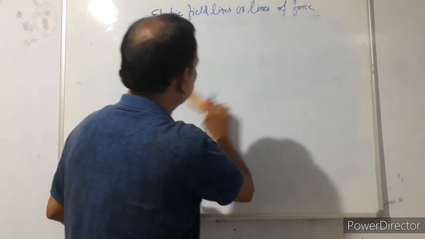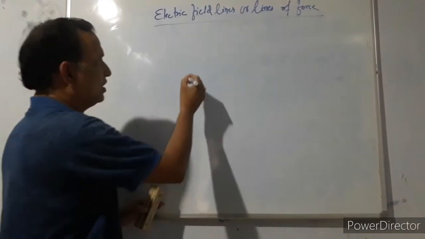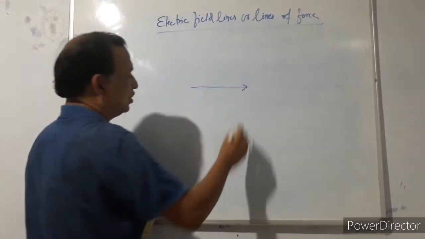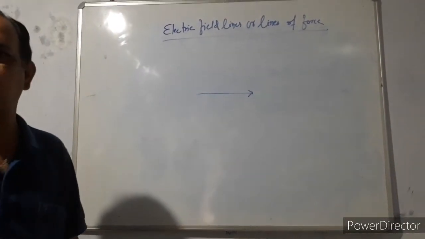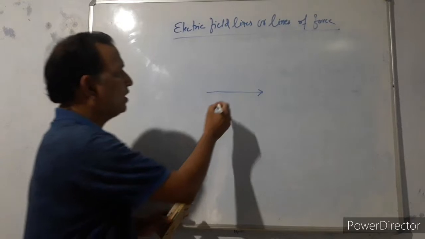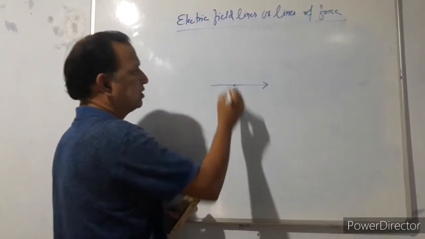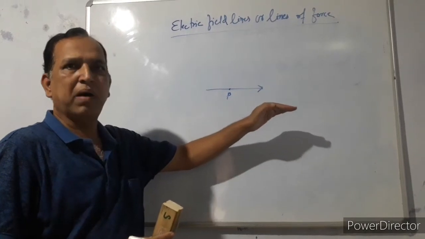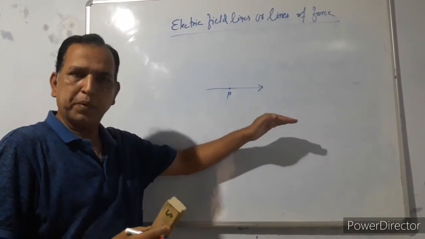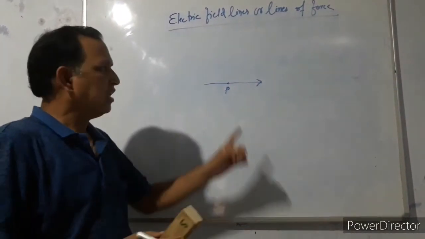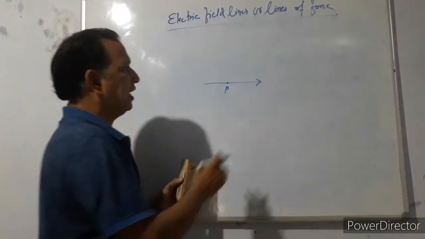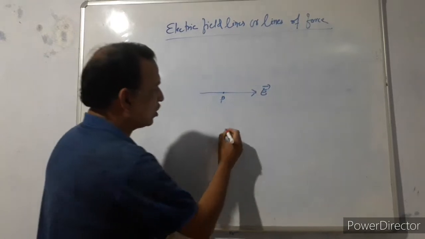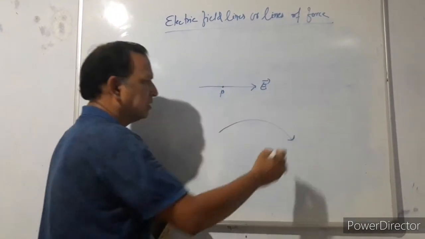Then, if the lines of force are straight, we can find out the direction of the electric field or intensity. If P is a point, the direction means the path of a unit positive charge. So this is the direction of the electric field intensity.